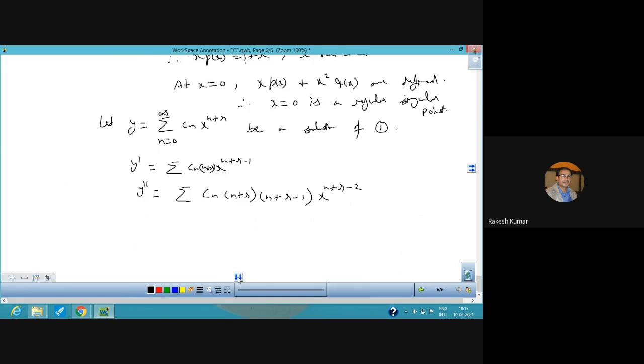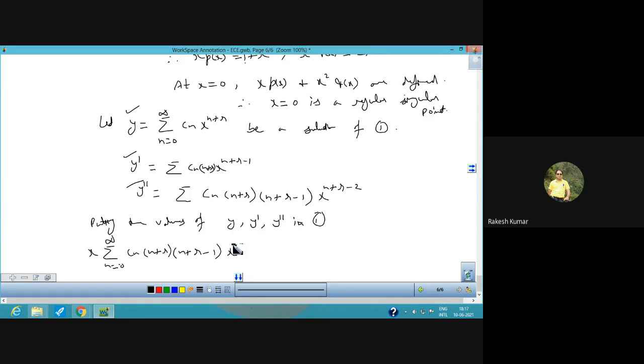Now putting these values of y dash and y double dash in 1, we shall have x summation n is 0 to infinity c_n (n plus r)(n plus r minus 1) x raised to power n plus r minus 2.